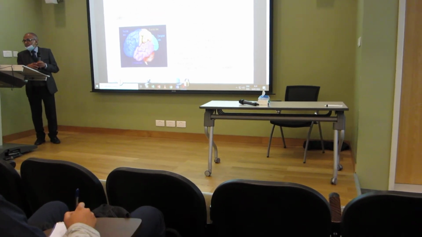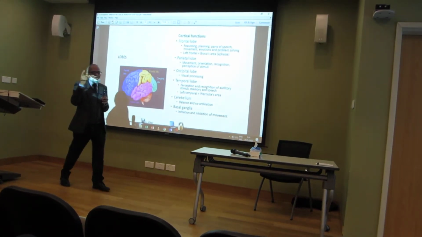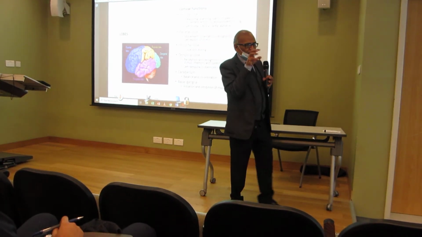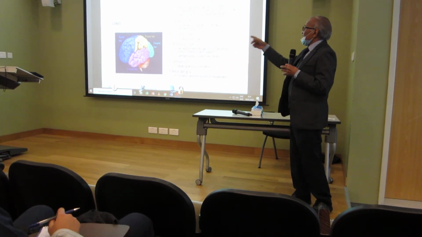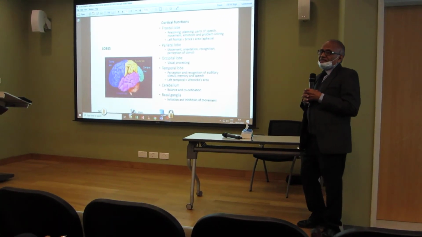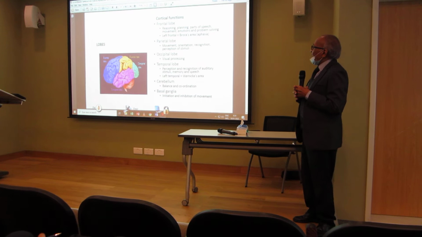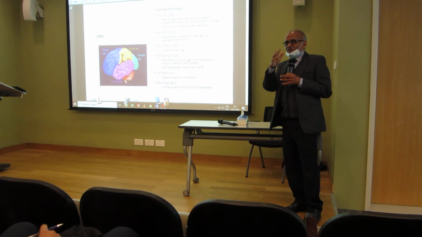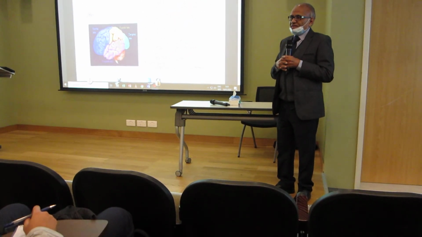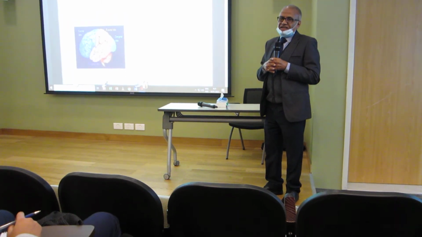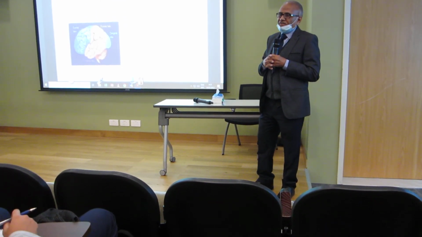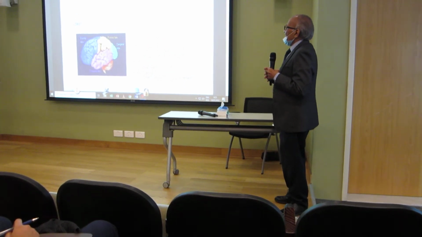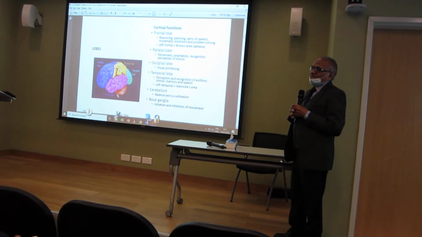Then we have to see lobe-wise also. If you recall your anatomy, the lobes of the brain have specific functions, starting from the frontal lobe. This is the main lobe concerned with reasoning, planning, part of the speech, movements, emotions. And we know that we have specific areas of speech over there. One is the sensory speech area, the other is the motor speech area, the Wernicke's and Broca's speech areas. Then the parietal lobe, mainly concerned with movement, orientation, recognition, perception of stimuli.